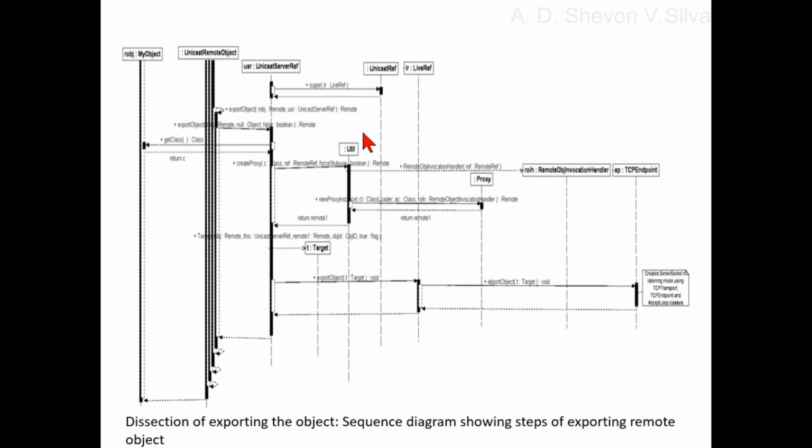Here you can see a USR unicast server ref is connected to unicast ref via super LR live ref, and unicast ref is connected to USR unicast server ref.